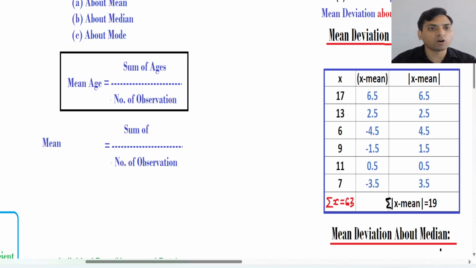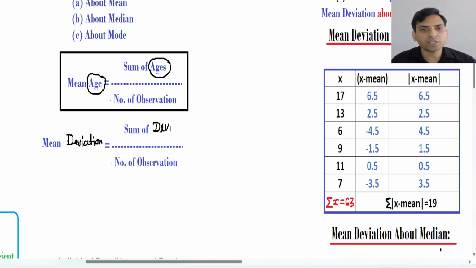If in this formula we replace age by deviation, it becomes mean deviation, and this is sum of deviation. So the formula of mean deviation is sum of deviations divided by number of observations. This sum of deviations may be about mean, median, or mode.